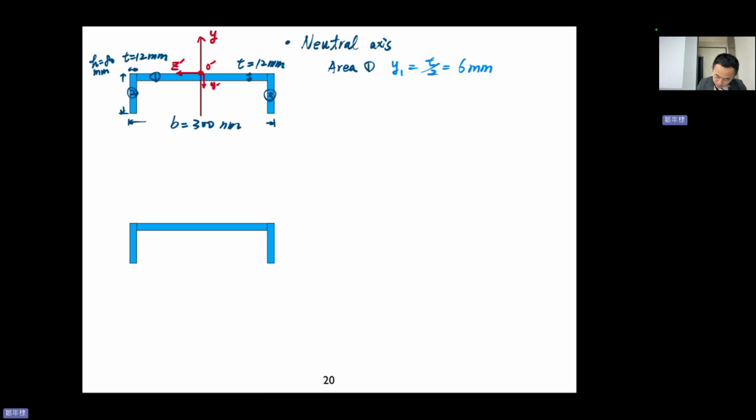The area A1 equals B minus 2t times t. It's easy, right? B is 300 millimeter.